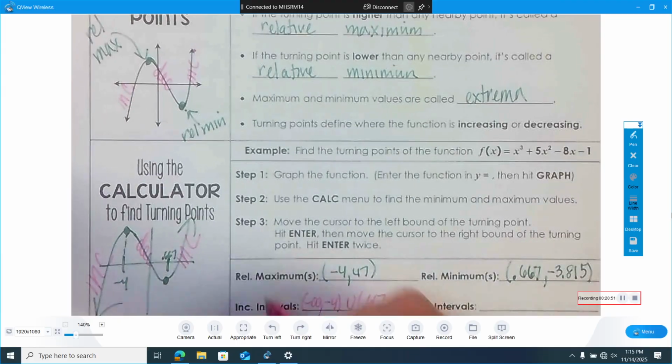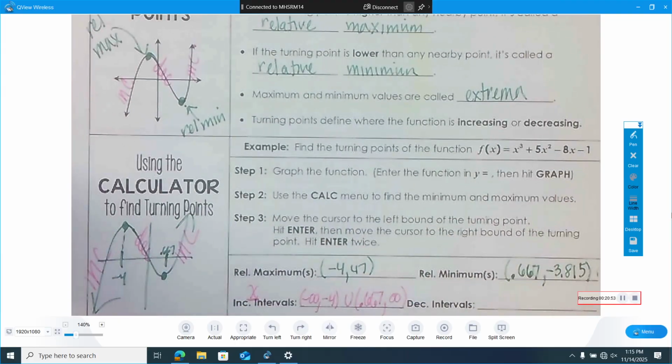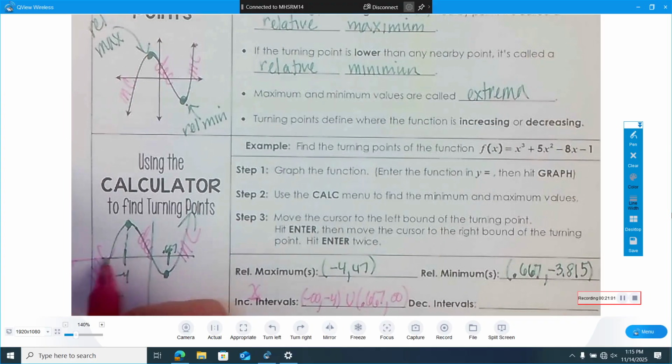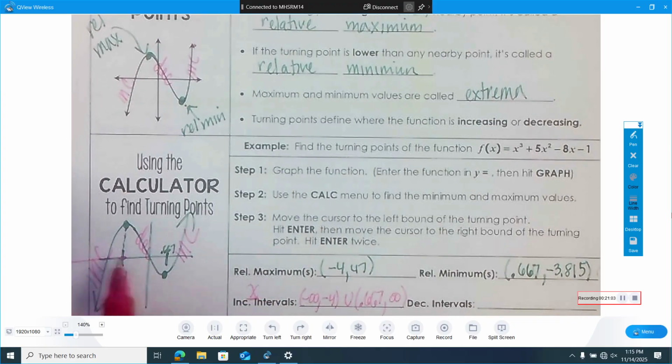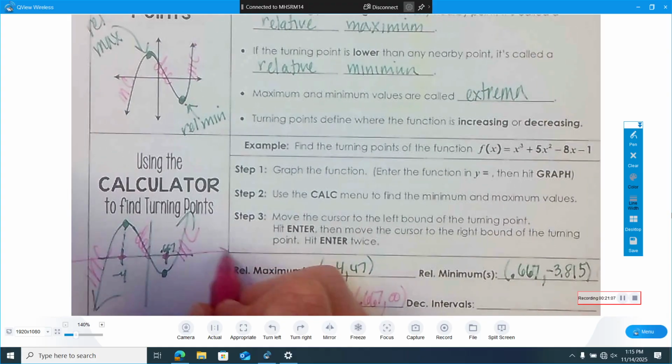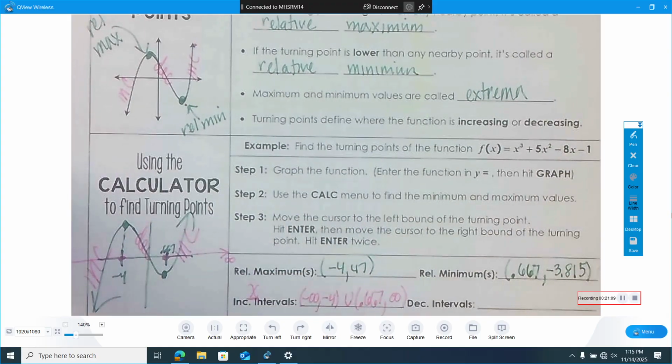When we talk about intervals, those are intervals on the x-axis. We only care about the independent variable. So we are just talking about for the x values from -infinity all the way to -4 here, we're increasing. And from 0.667 all the way to infinity, we're increasing. And where are we decreasing?